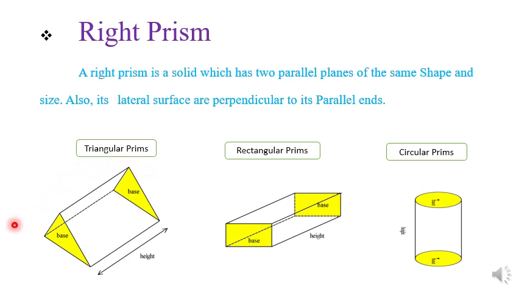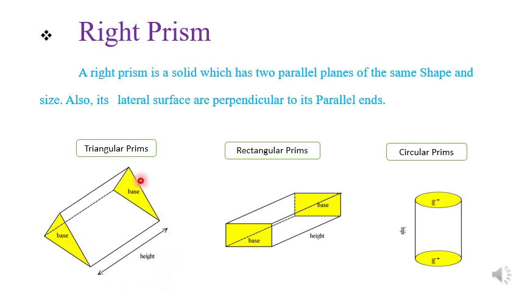Let's look at this figure, class. This figure has two parallel bases or parallel planes here. The two parallel bases, the yellow part right here, are the same shape and the same size, and the lateral surface, I mean the body of the figure, is perpendicular to its ends.